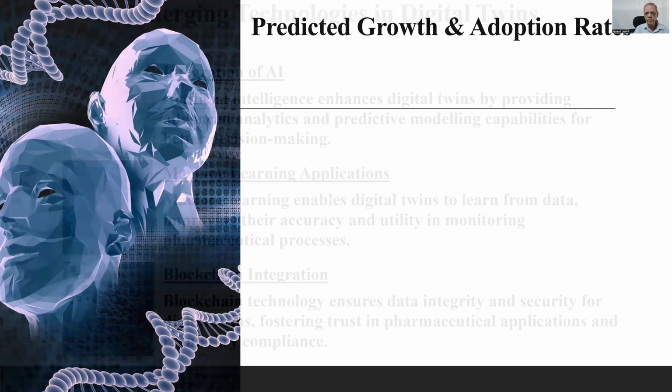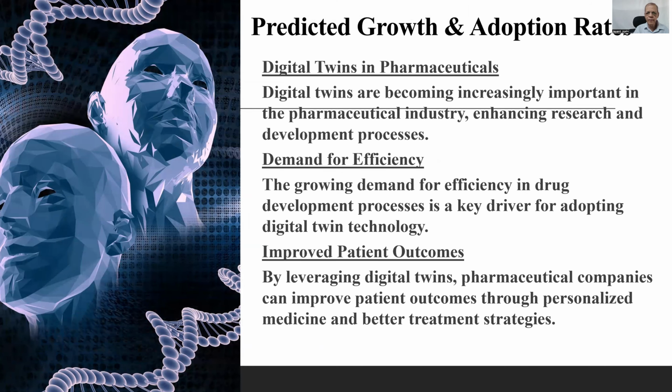Predicted growth and adoption is very important. Digital twins are becoming increasingly important in the pharma industry because they enhance the research and development processes, which demand efficiencies. As you know, time to market is very important.